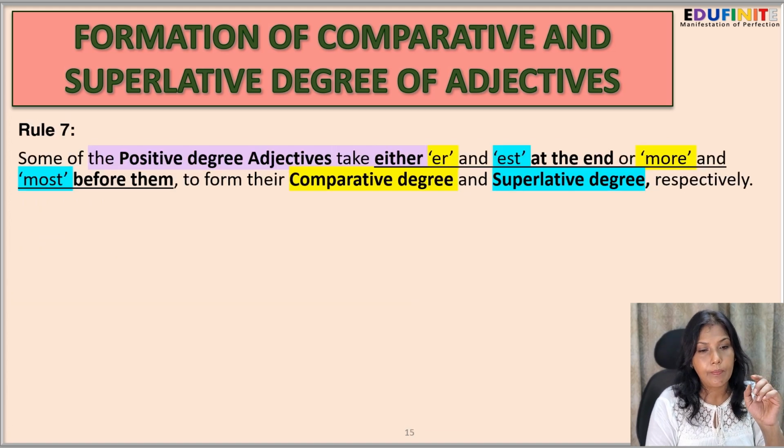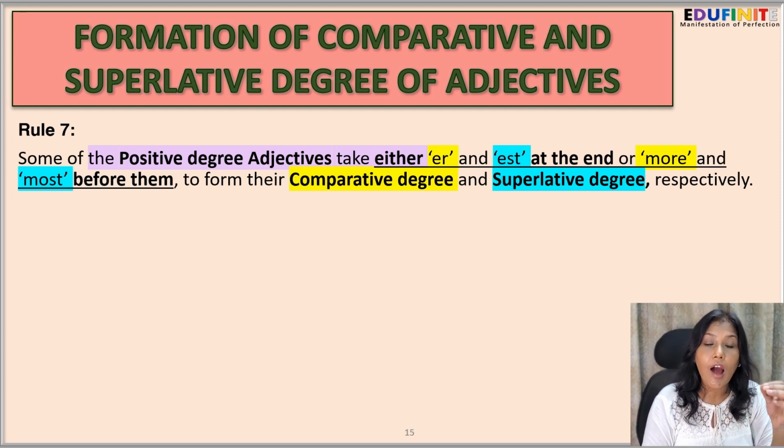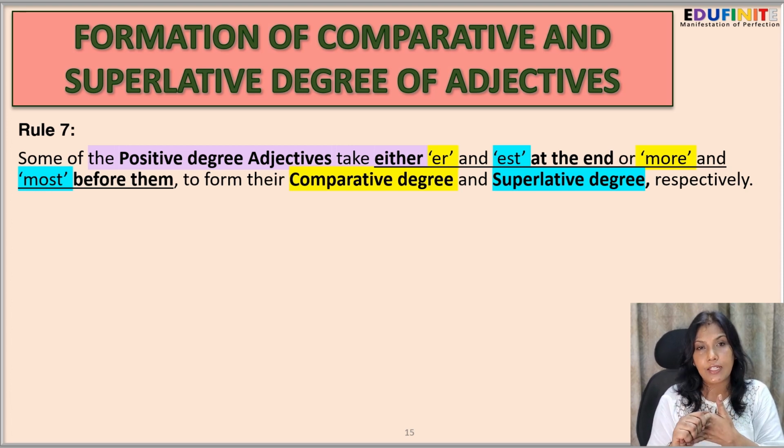Next, rule 7. Some of the positive degree adjectives take either er and est at the end or more and most before them to form the comparative and superlative degrees respectively. So some of the positive degrees follow the 2 rules together.